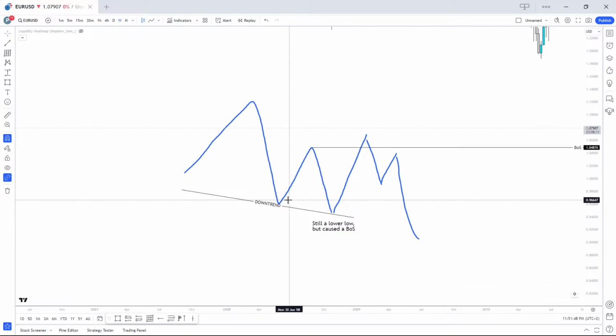You remember, in a downtrend, liquidity is taken by lower lows. So this is why I'll write this down.